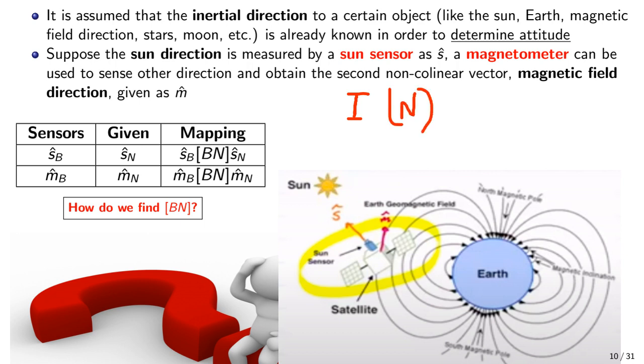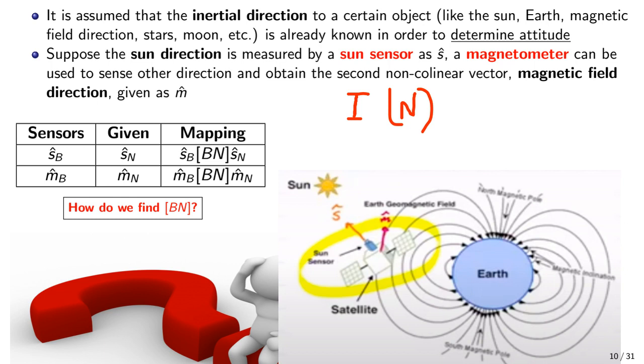And now, suppose you have the sun direction, which is usually measured by your sun sensor. I'm going to tell you a bit about the sun sensor, and I expect you guys to have read about this. Suppose you have the sun direction that is measured by this sun sensor, and the direction is that unit vector S. Please note, S is a unit vector, okay?